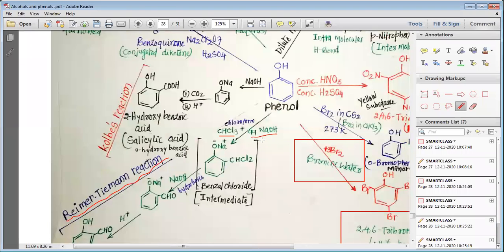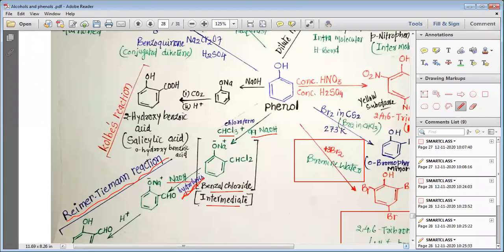When chloroform is allowed to react with these two reagents, we get an intermediate. This intermediate is named the benzyl chloride intermediate. You can see here, this benzyl chloride intermediate, on treating with the alkali NaOH, undergoes the process known as hydrolysis.